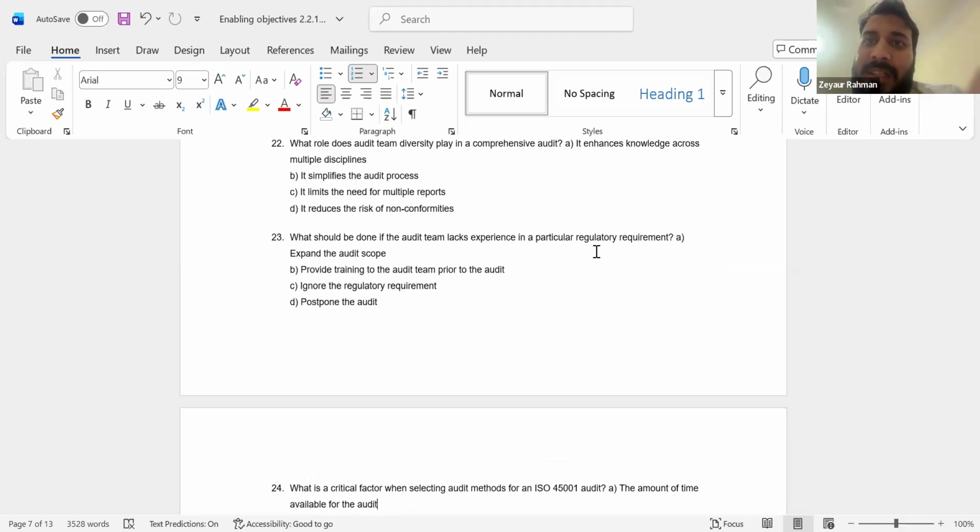D. It reduces the risk of non-conformity. It's A. It enhances knowledge across multiple disciplines. A feels more suitable.